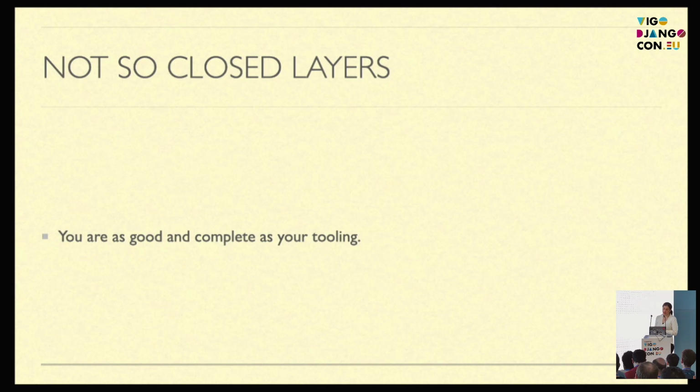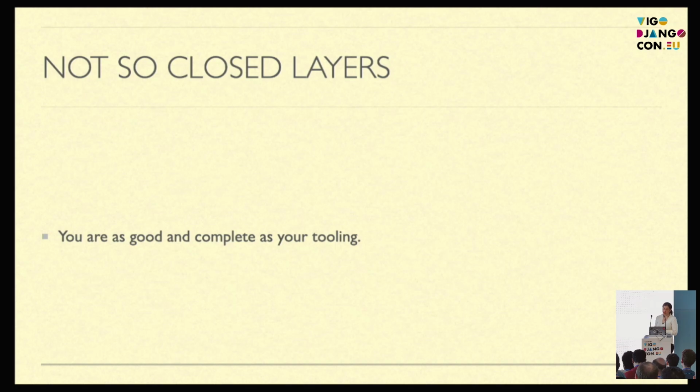In a large-scale collaboration setup like ours, you need more than conventions, you need more than agreements to enforce your architecture style. The layers that are defined to be closed are not always so closed. There are a lot of violations, as I mentioned, and import linter, unfortunately, doesn't support closed layers yet.